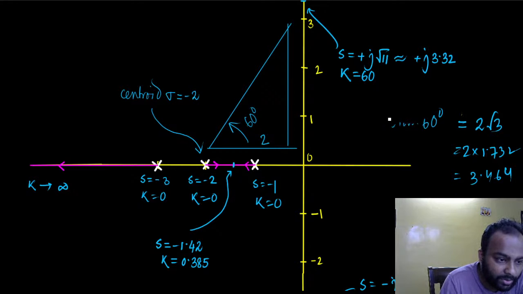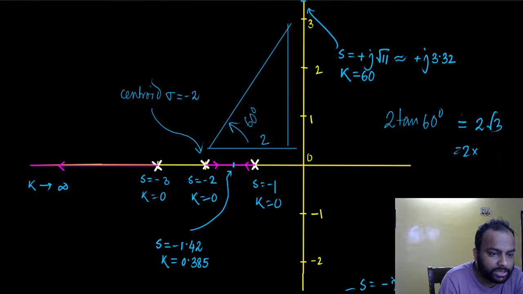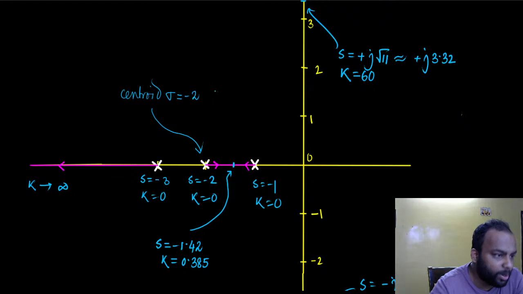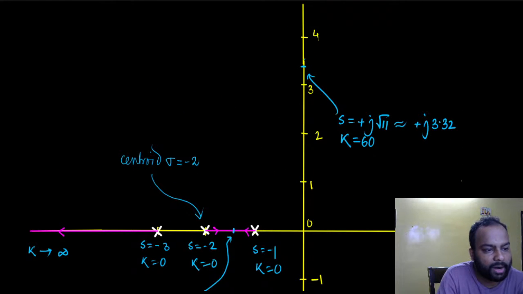3.46. So with all these, I can now do something pretty useful. We know the points would start from here. Now we are going to mark this point 3.46 here.